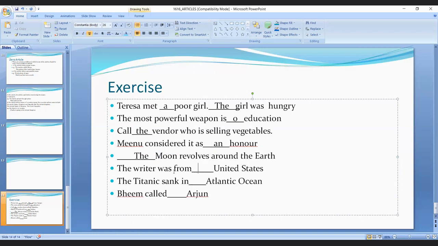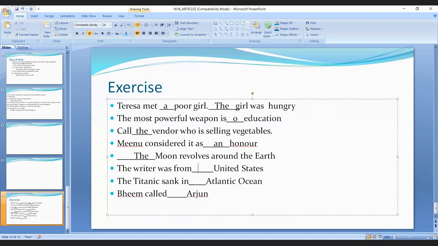Next: The writer was from dash United States. We have seen in the last condition that if a country's name contains words such as states, kingdom, and republic, you should use the definite article the before the names of such countries.